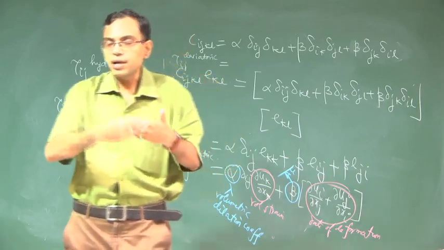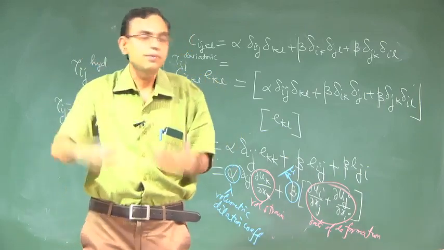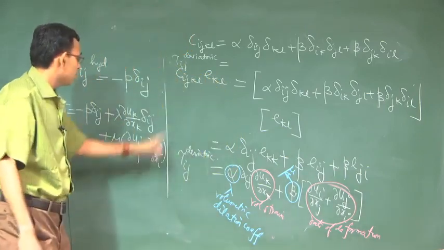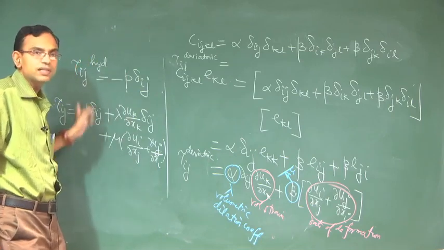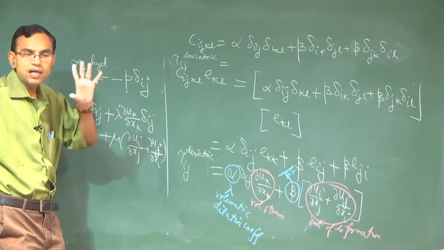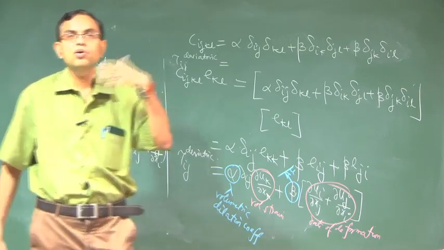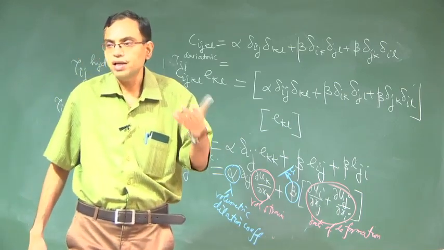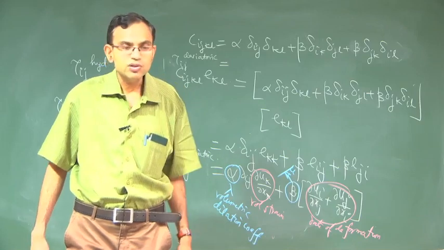But when it comes to a more advanced stage of fluid mechanics, this is the form of Newton's law of viscosity that you must make your students familiar with, and discard the notion that tau equal to mu du dy is the only form of Newton's law of viscosity.